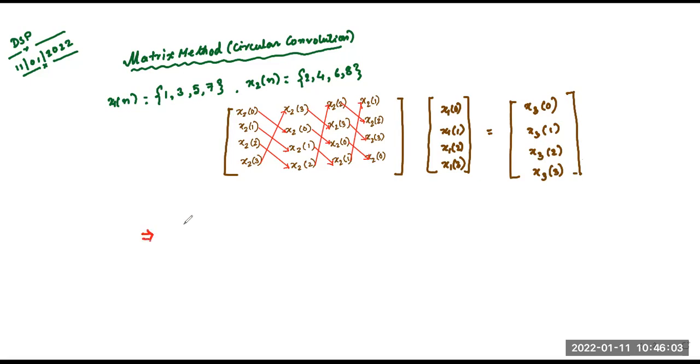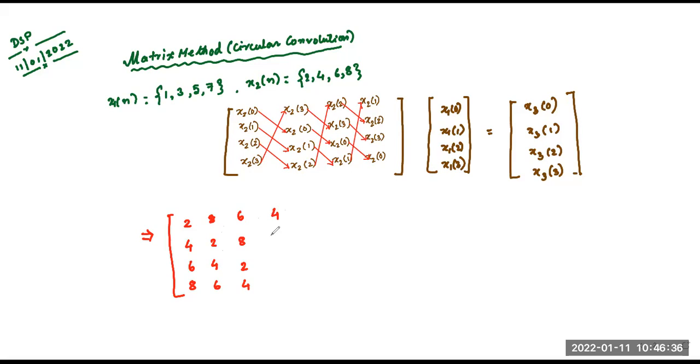So if I put the values, what will be implied here? 2, 4, 6, 8. Then 8, 2, 4, 6. Then 6, 8, 2, 4.